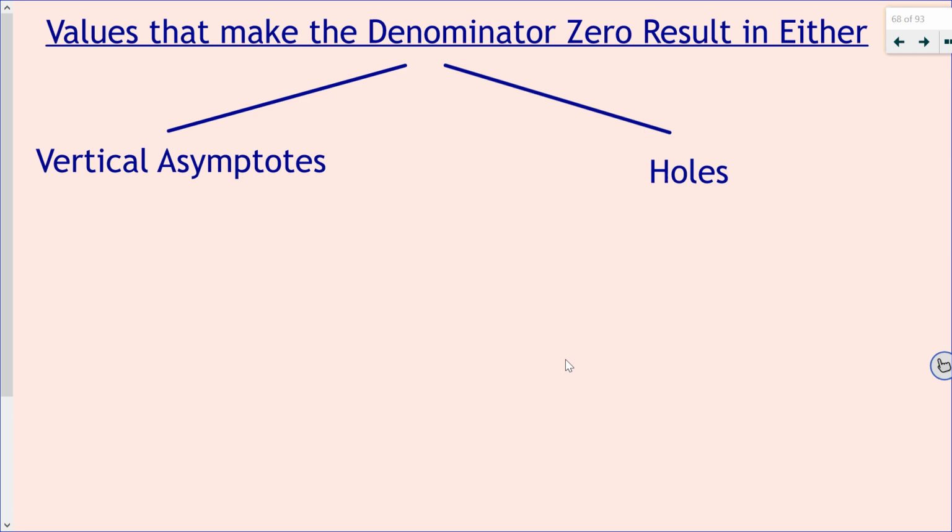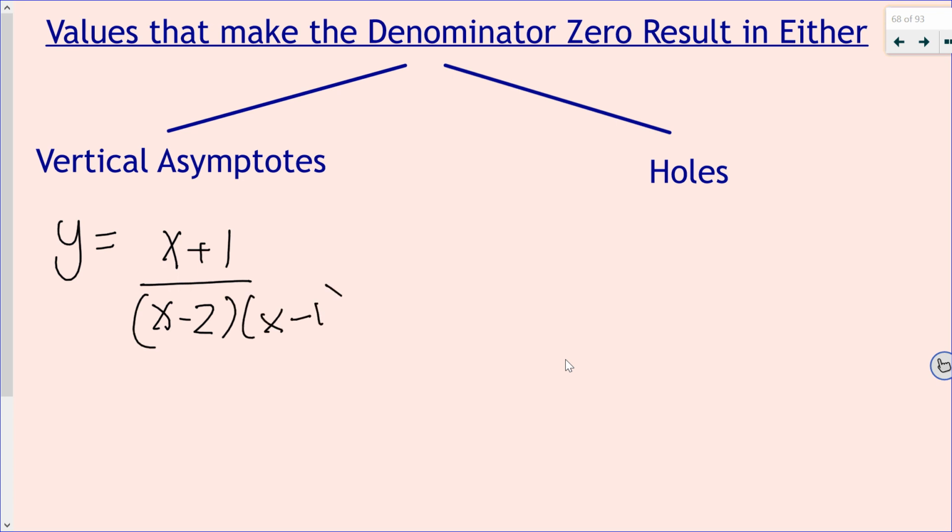Okay, so there are 2 different things that can happen when you have values that make a denominator 0. Either you get a vertical asymptote or you get what's called a hole in the graph. Let me give you an example. Let's say you had y equals x plus 1 over x minus 2 times x minus 1. We can see we're going to have two domain restrictions.